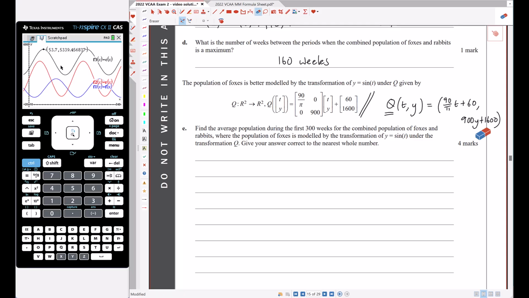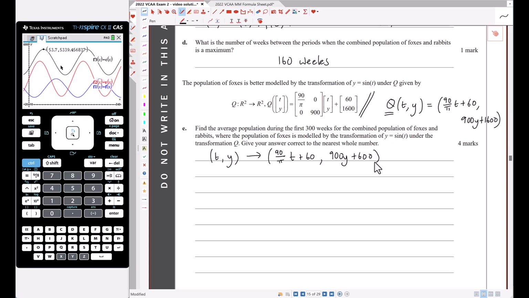Now, it might be given to you in a different form, something like the point (t, y) is transformed to the point (90 on pi t plus 60, 900y plus 600).